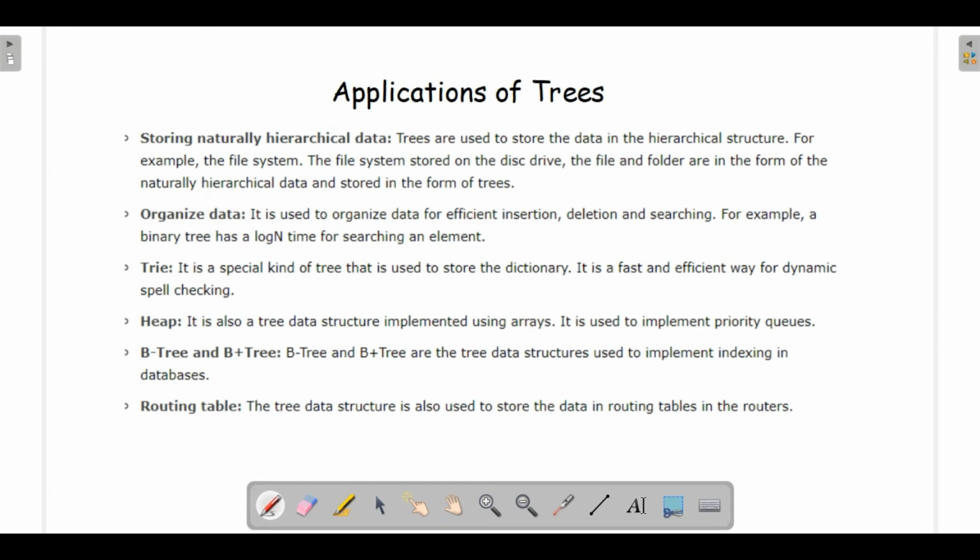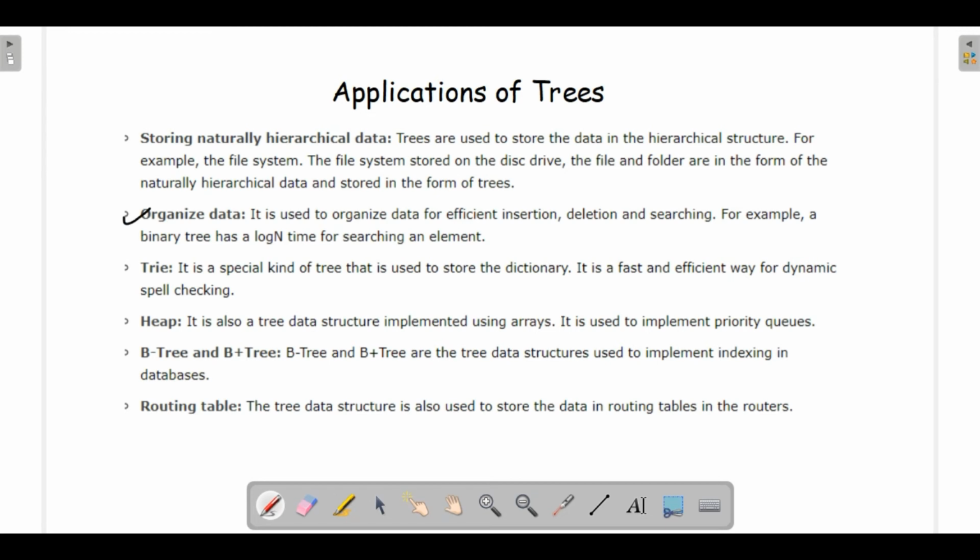The data or the files stored in that operating system are in the form of a tree formation. The file system stored on the disk drive, the folders, etc., are all in the form of trees, and they help us to organize data, with efficient insertion and deletion.